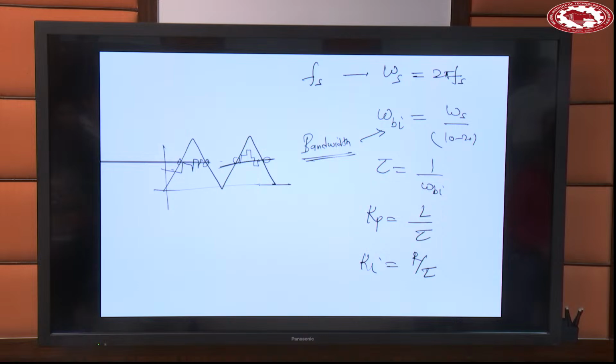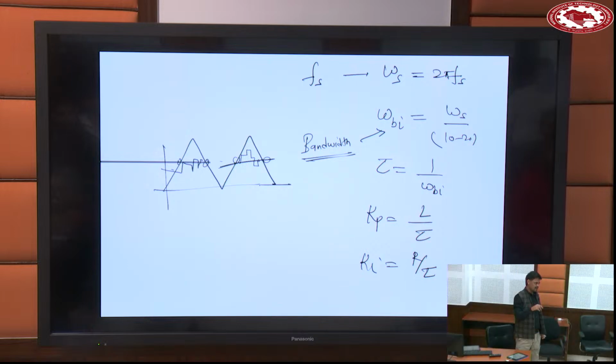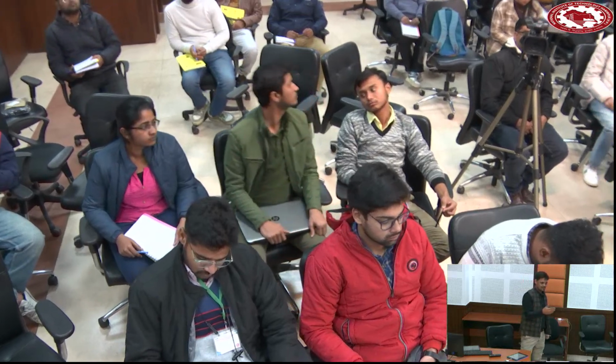As far as power electronics is concerned, the inner current control loop is the fastest loop, but its bandwidth is less than the switching frequency divided by 10. Then the outer voltage loop will be at least 10 times slower than the current control loop. Then suppose the PLL comes in the picture, it will be slower than the outer voltage loop. So it's then only you can make the decision.